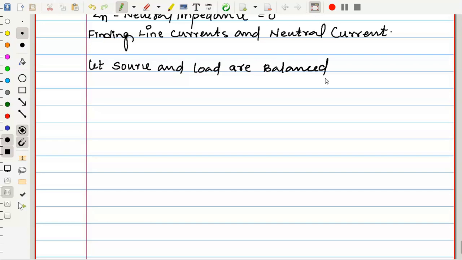You should understand what balanced means. Further, let the source voltage Er be equal to E at an angle of 0. Once we know this, we can predict the remaining two. What are they? Ey is equal to E at an angle of minus 120.